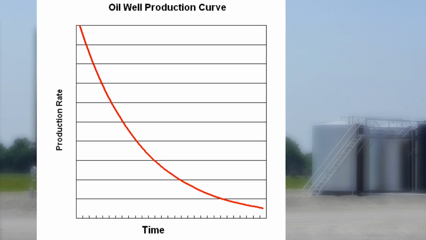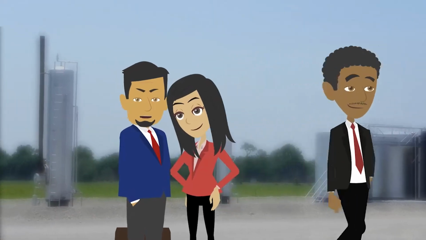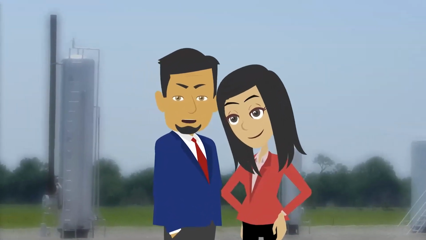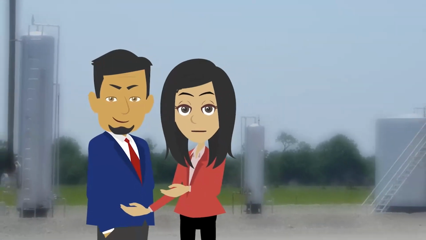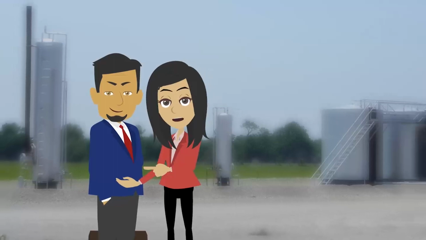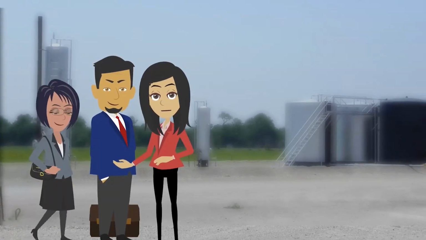After years of production, less product is available. As a result, amounts removed from the well decrease over time. Since the amount of your royalties depend on how much product your well produces, your royalties decrease when production declines.